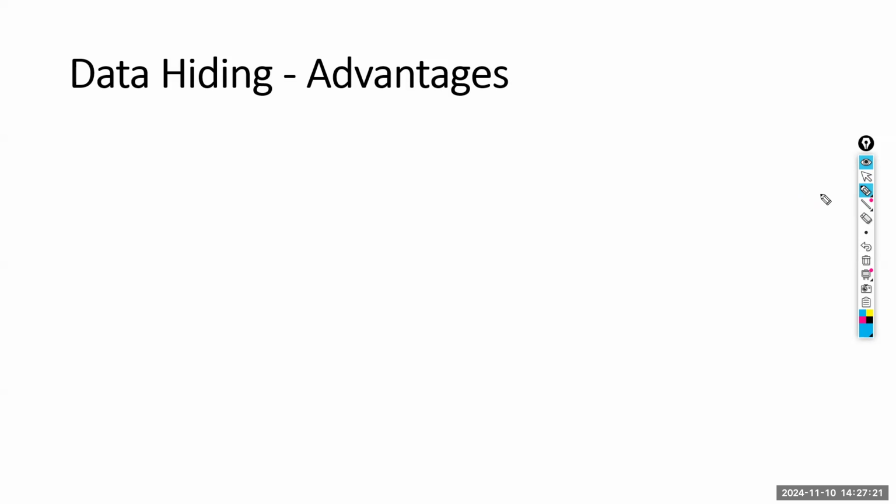If you want to make it 1 million, deposit the relevant amount of money, then it will become 1 million. So in the real world, we hide data very often. Therefore, in programming also we want to do it. Otherwise, our application may violate business rules. Again, if you have any questions, you can ask.